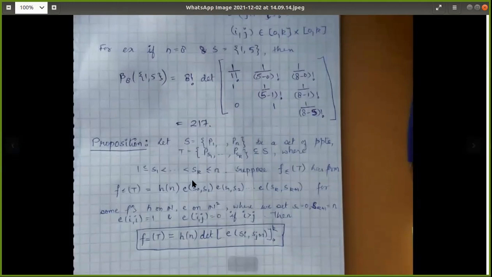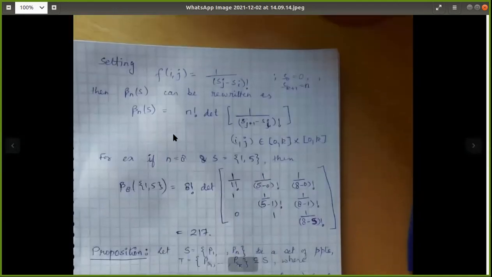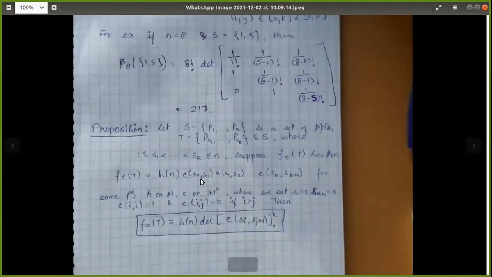And now in the general setup, when you take any k properties out of the n property set, this f equal to T number is given by the function h_n, and then the determinant of the (k plus 1) by (k plus 1) matrix formed by entries of E, S_i, S_j plus 1. Just how we had here F_i, j plus 1. Okay?